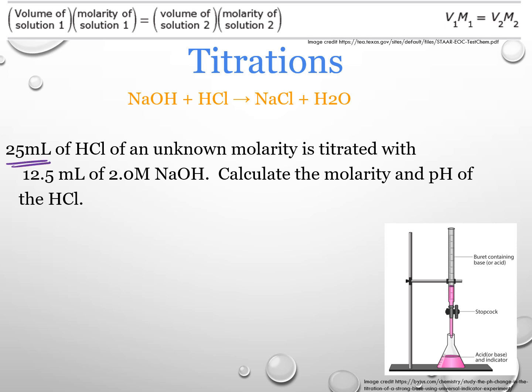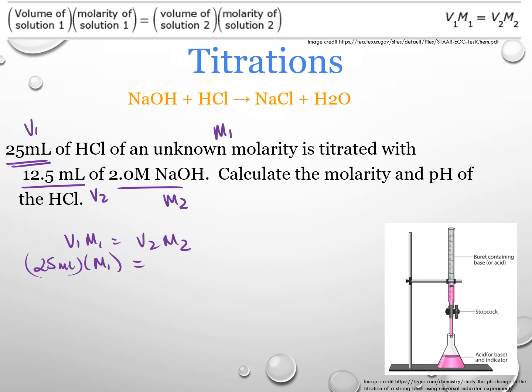All right, so you should have done V1 for this guy. M1 here. This is our V2. This is our M2. So we're going to do V1 M1 equals V2 M2. V1 is 25 milliliters. M1, I don't know what that is yet. V2 is 12.5 milliliters.